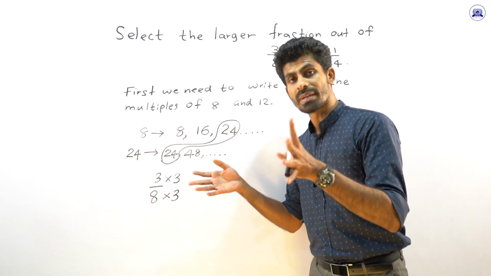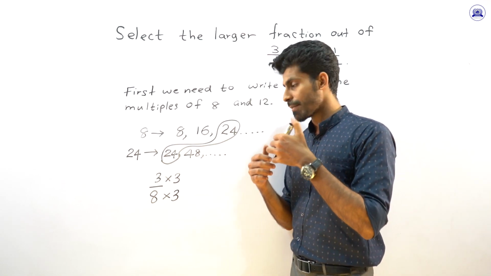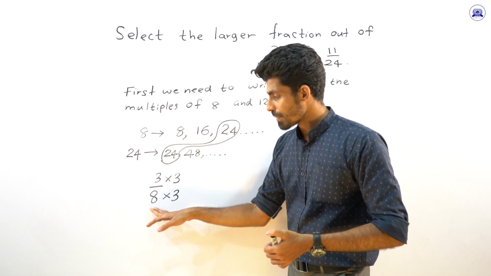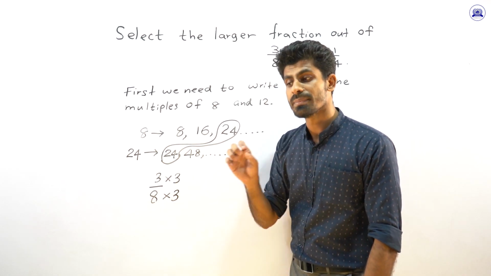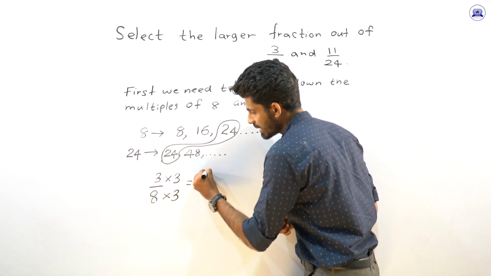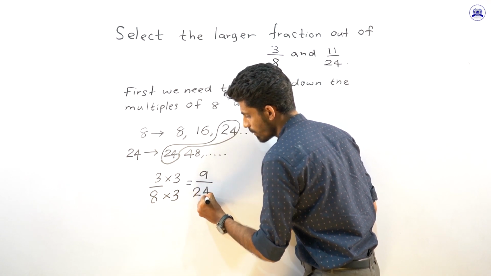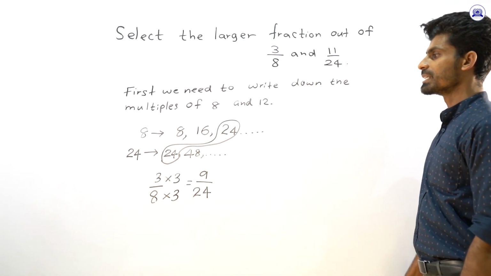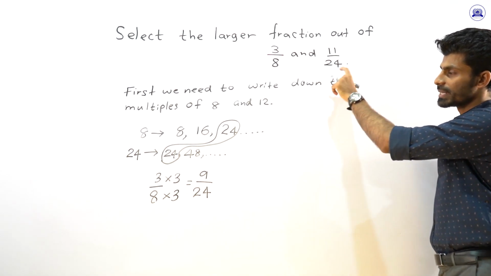So we need to create some equivalent fractions. Do you remember that? If you are going to create an equivalent fraction, you need to multiply the denominator and the numerator by the same number. That means 3 into 3, 9, 8 into 3, 24.